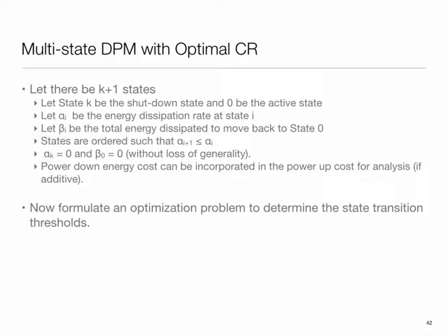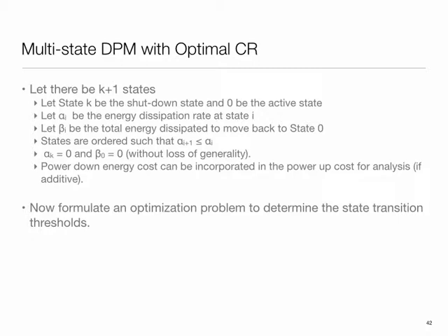So you could model these things in terms of how much power consumption, or energy dissipation rate, there is in some particular state i, and how much it would cost to come back to state 0. State 0 is our active state, and there's this single active state. We can order our states in terms of increasingly deeper sleep, that is, they consume less power, and coming out is relatively costlier.